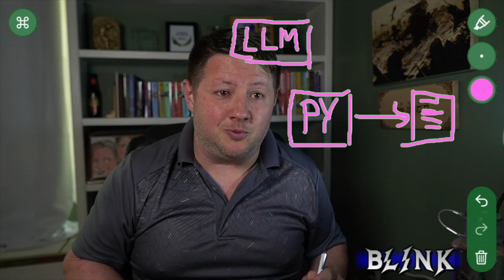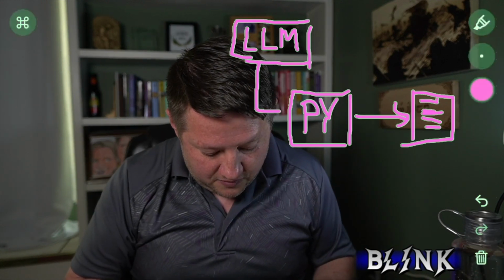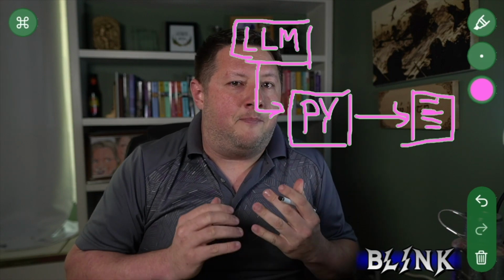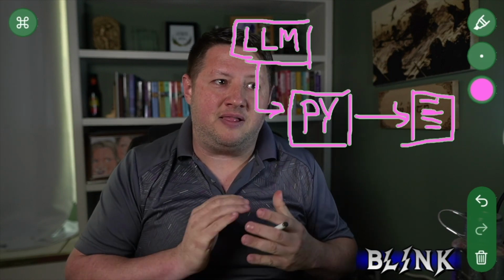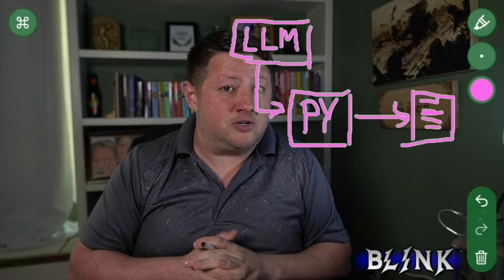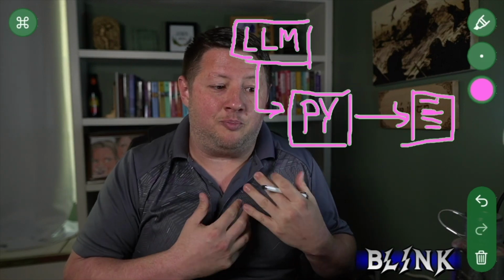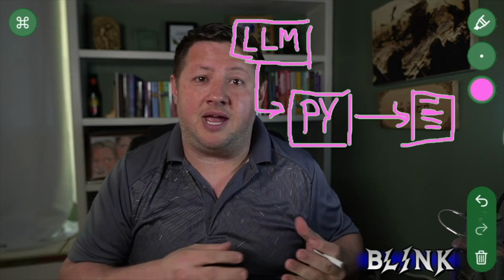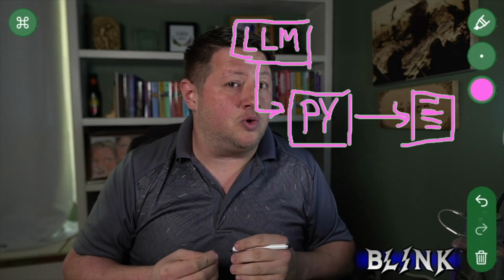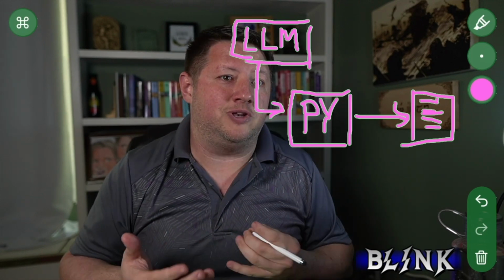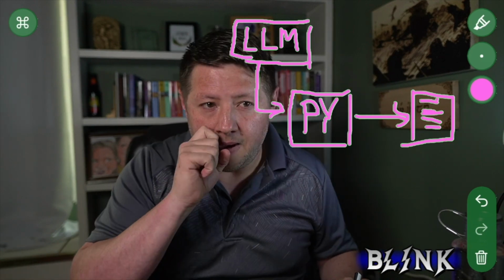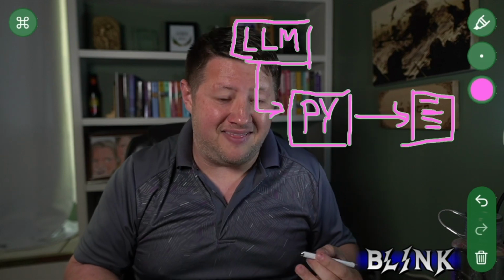And so yes, we are going to have an LLM that's going to feed our Python program. But there's a limitation. That language model probably wasn't trained by us. It probably wasn't trained on any of the data that we actually need to use to answer the questions. And so how is the model going to know what answers to give us other than just making things up? Well, we need to provide that data.